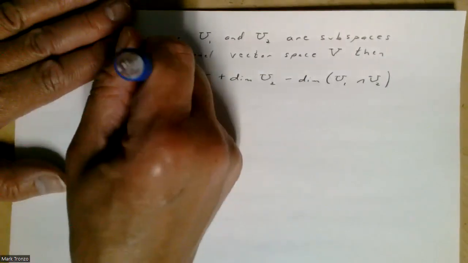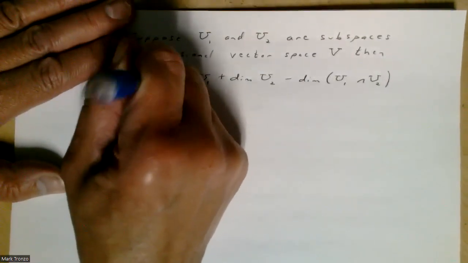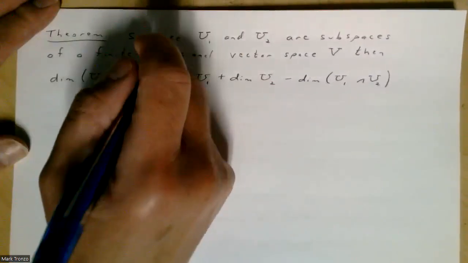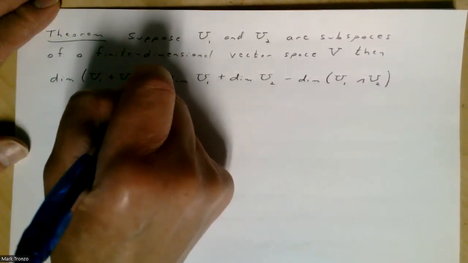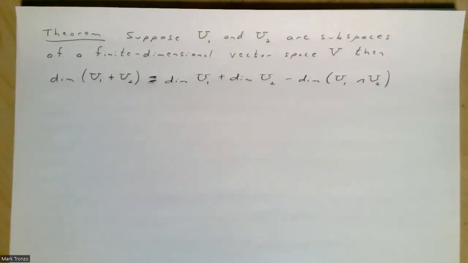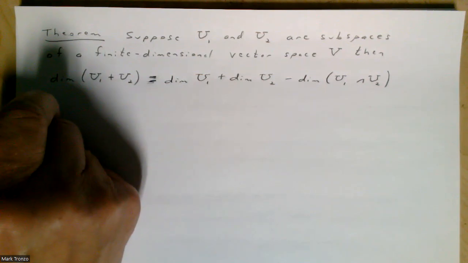The dimension of the sum of those two subspaces is equal to this. My equal signs are kind of messy, let me fix that. And let me do one more here.